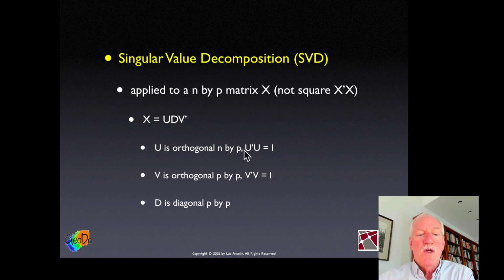In other words, if you multiply their rows by each other, the same row, the result is 1. Different rows, the result is 0. And V is also orthogonal with the same result. D is a diagonal matrix.